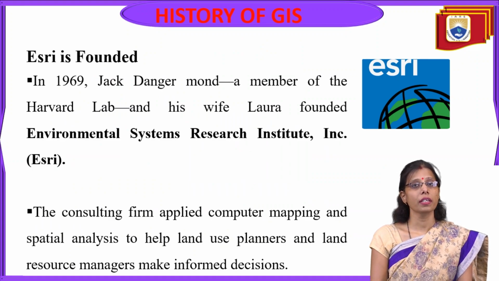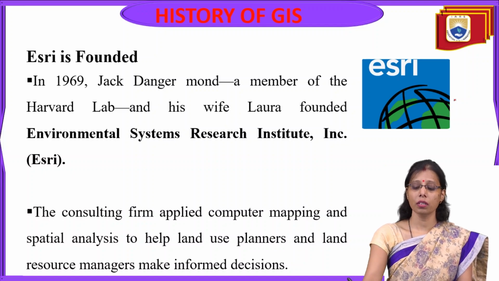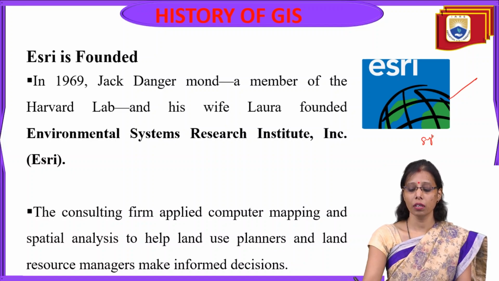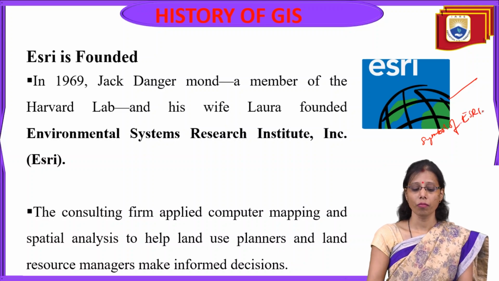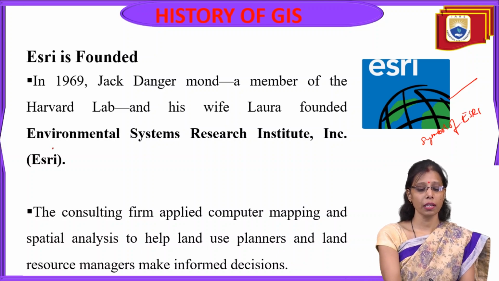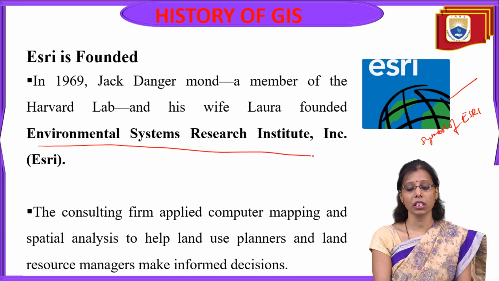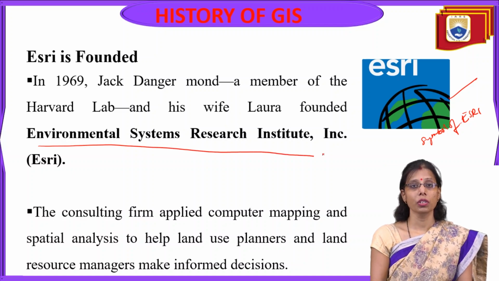Later, ESRI was founded. What is ESRI? This is the symbol of ESRI. ESRI is the Environmental System Research Institute. This is the institute where ArcGIS and different kinds of the latest software were developed.